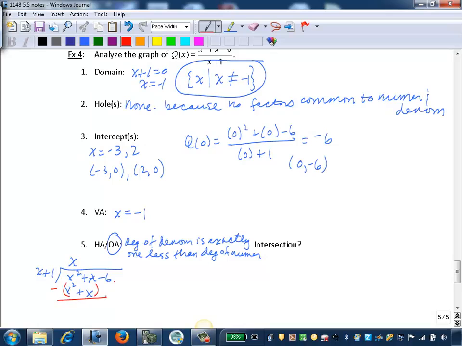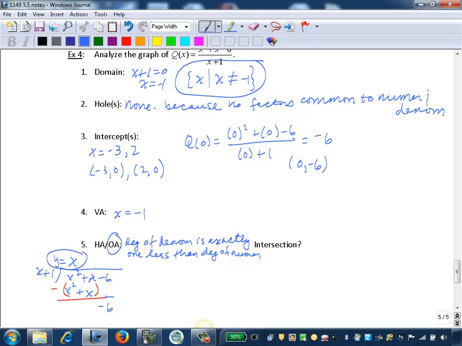We'll subtract, and we'll be left with nothing. Then we could bring down the negative 6, but we're done here because x plus 1 will not divide into negative 6, and we don't care about any remainder of the division. We only care about the quotient. So y equals x. That's the equation of our oblique asymptote. So we'll have an oblique asymptote at the line y equals x.